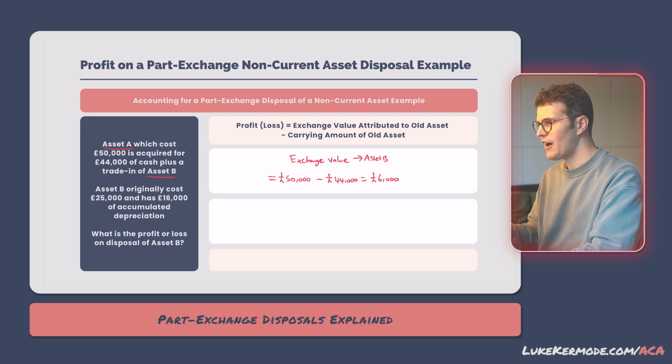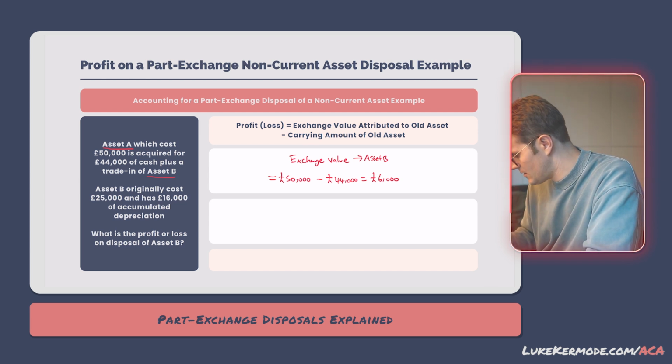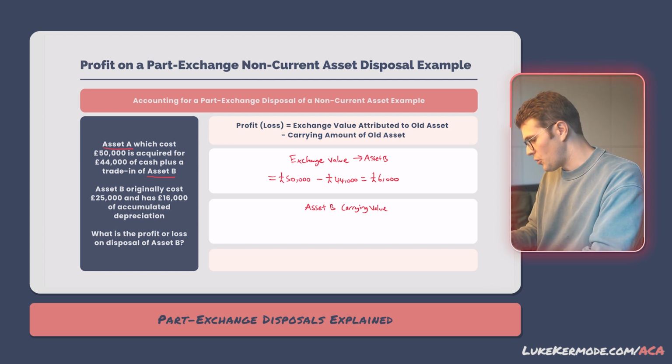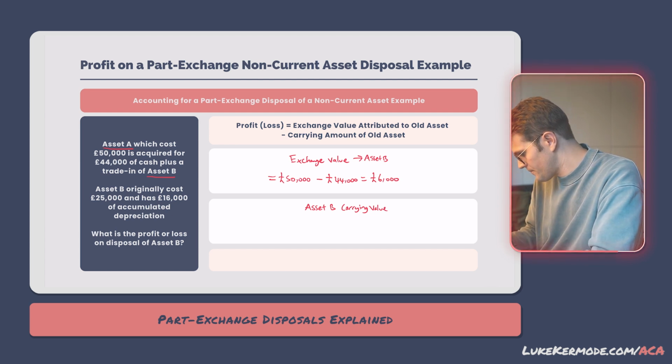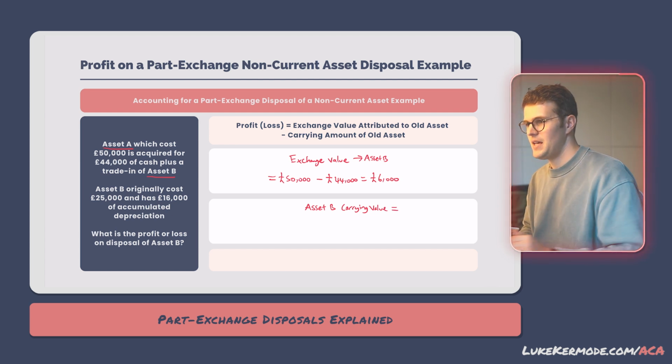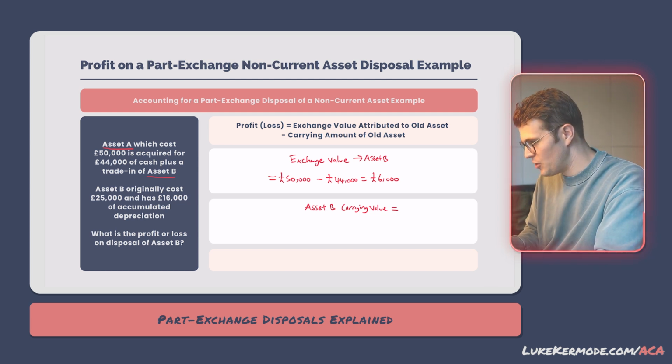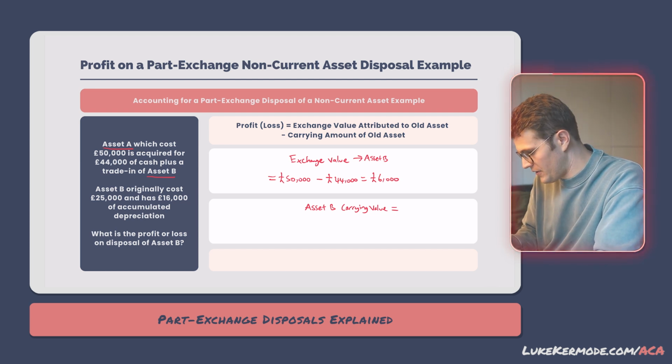Now we need to work out the carrying value of asset B. So we were also told in the question that asset B originally cost the business £25,000 and it had accumulated depreciation of £16,000 to date.